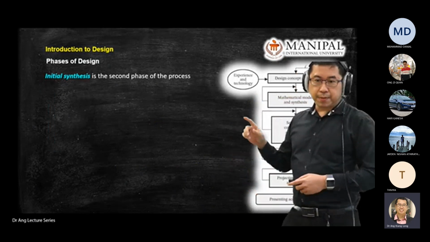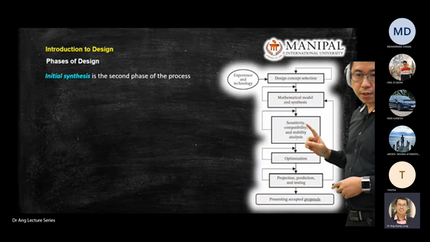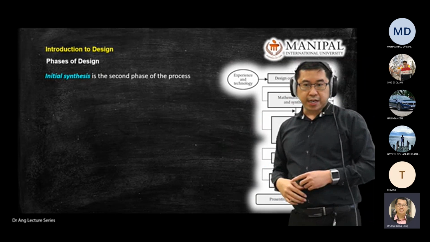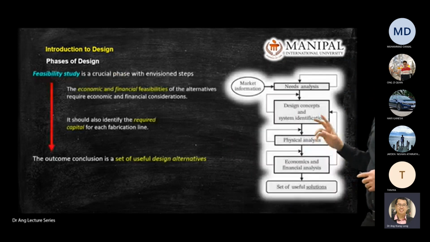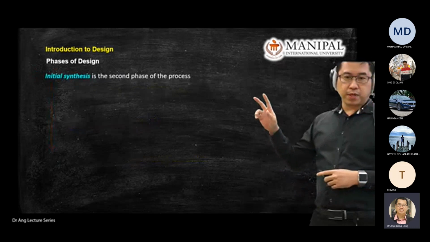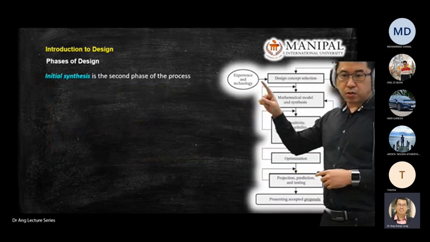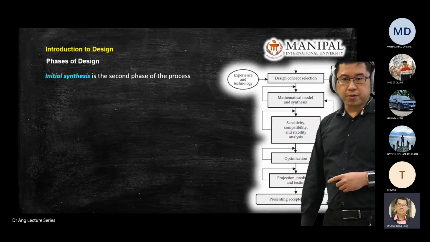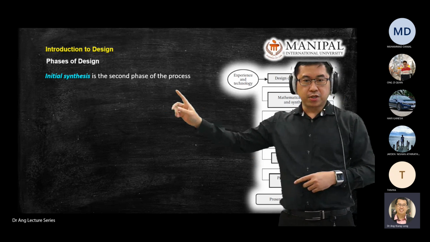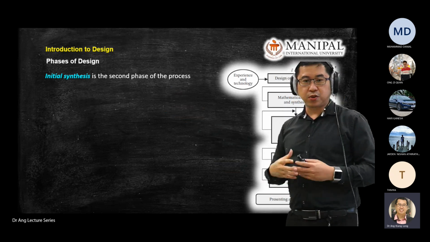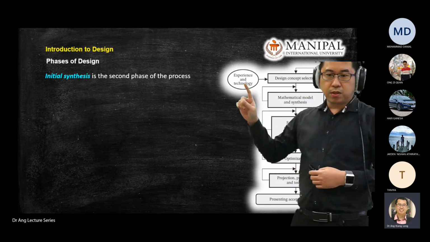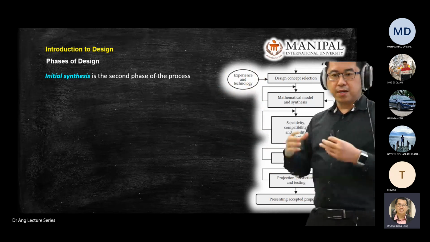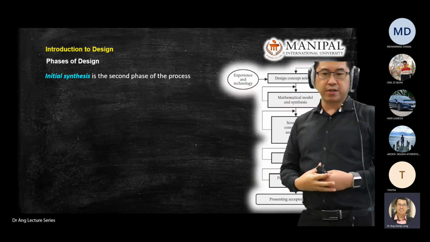Next is initial synthesis, which is the second phase. As you can see, the flowchart changed a little bit. When it comes to initial synthesis, you follow all the processes in these PowerPoint slides. Initial synthesis is the second phase of your design process. You combine what you have learned, meaning your design team, the experience and the technology that you have in your company.